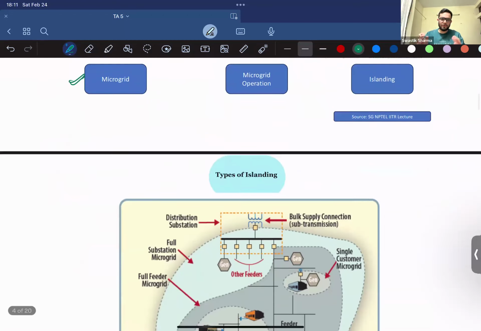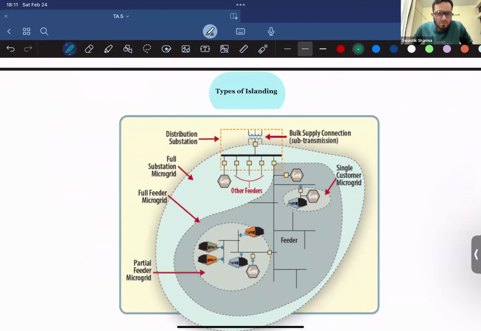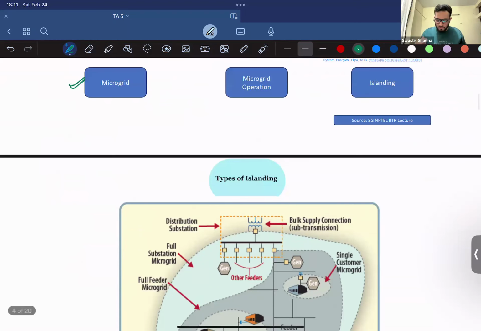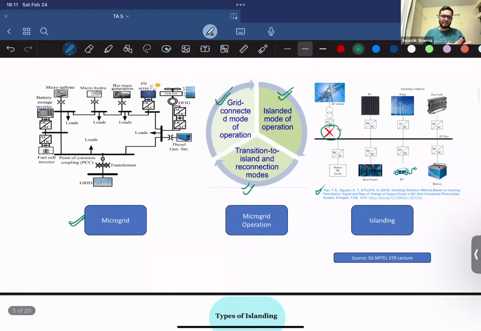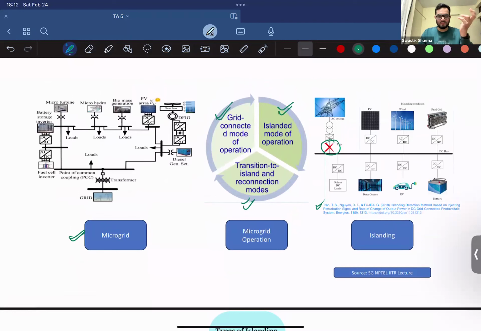So there are a few different kinds of islanding. I already told you about islanding, but there is a standardized definition that ma'am has given in her slides. You can refer to that. I'll just read it out for you.